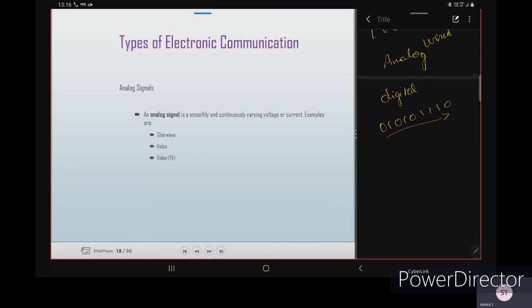Next, analog signals. An analog signal is a smoothly and continuously varying voltage or current. Examples are sine wave, voice, and video signals. These are analog signals, which have smoothly and continuously varying voltage or current. For example, a sine wave.